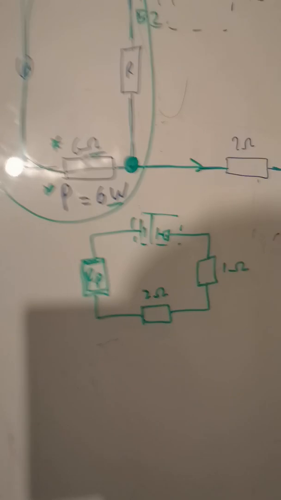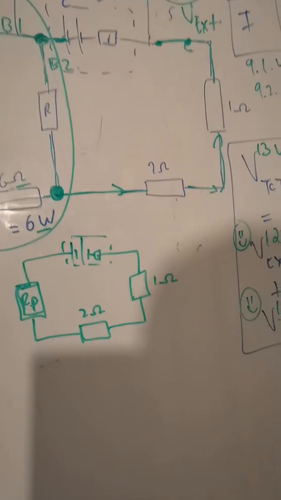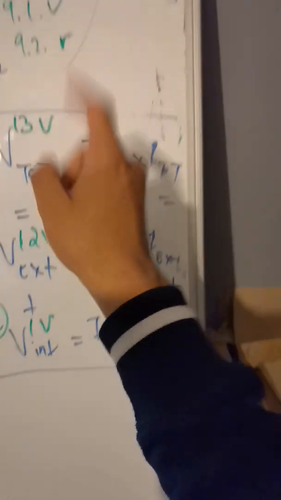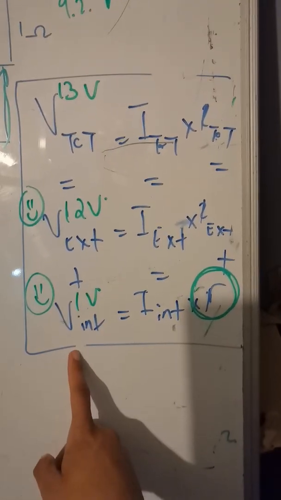I'm just trying to think quickly how we can calculate the internal resistance. You can clearly see here that we've got V total, V external, and V internal.